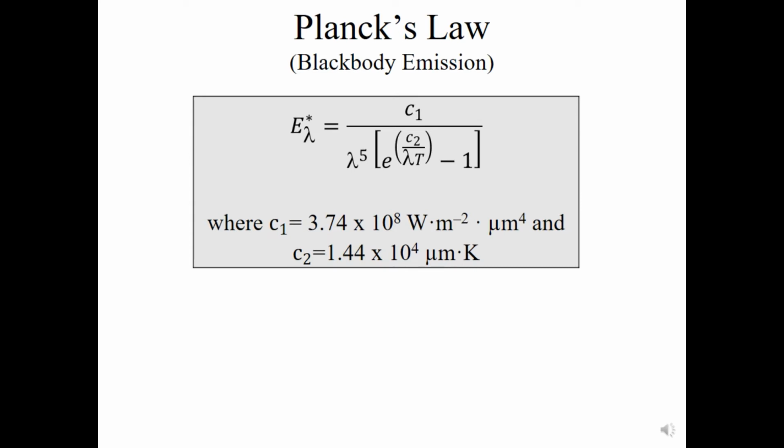So this is the blackbody irradiance as a function of wavelength, equal to a constant C1 divided by lambda to the 5th, where lambda, of course, is the wavelength, and then we have this quantity e, the exponent, to the C2, which is a constant, divided by the wavelength times temperature, minus 1. This essentially defines the blackbody radiation emission curve in terms of watts per meter squared.